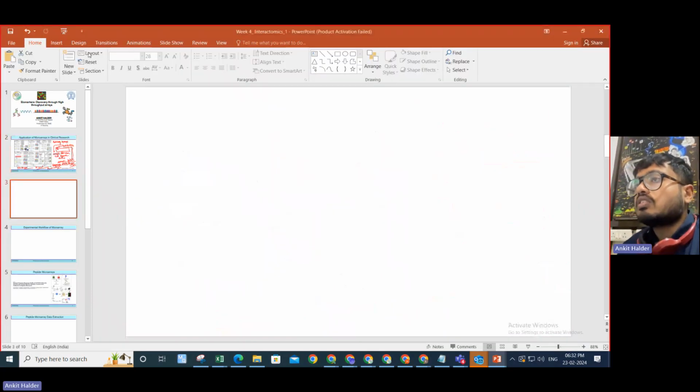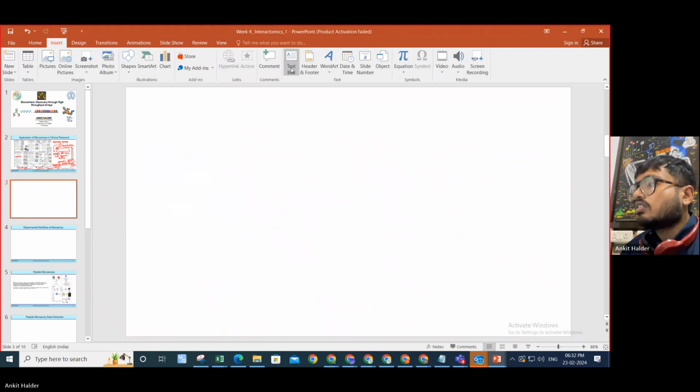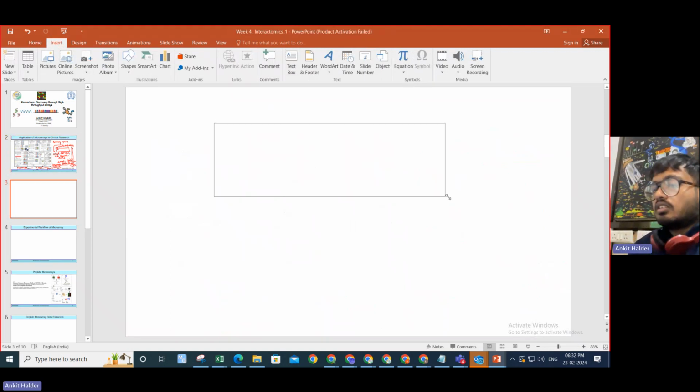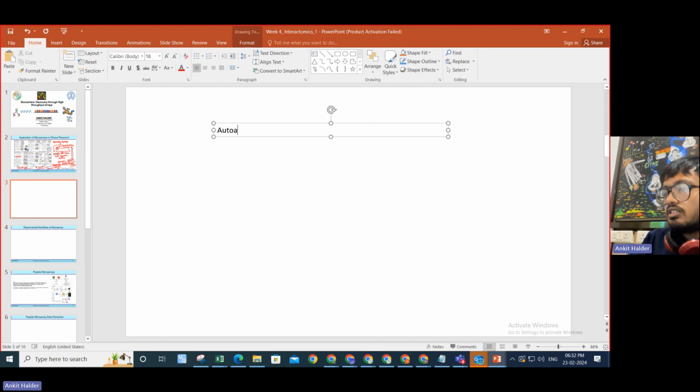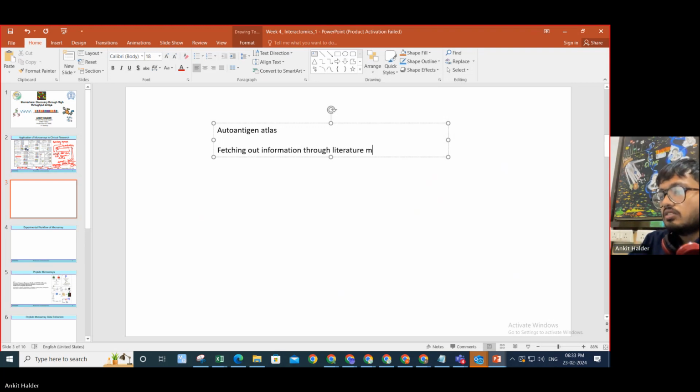Yeah, so Autoantigen Atlas is fetching out information through literature mining and data curation.